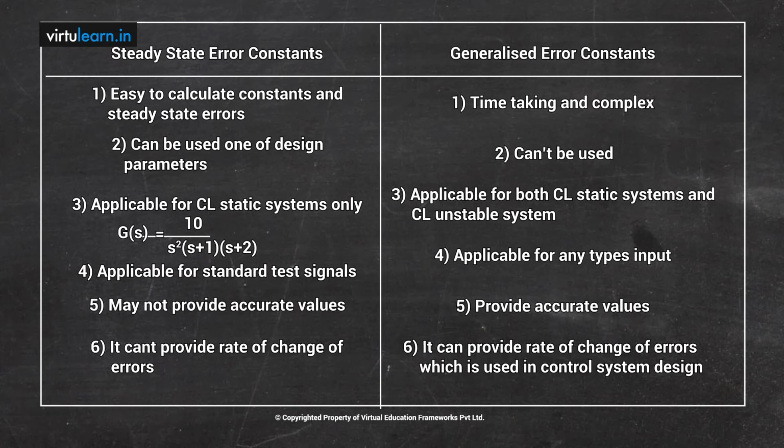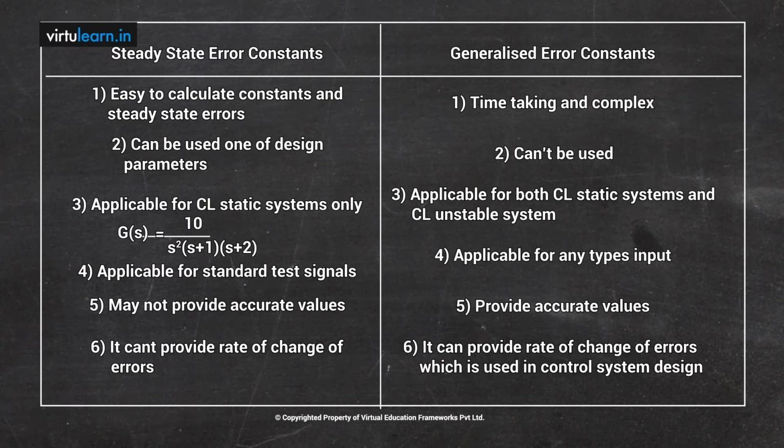Then what are the other things? Steady state error constants are applicable only for standard test input signals. What are the standard ones? We already saw step, ramp, parabolic. These are the standard test input signals. You can have combinations, that means R of t as 1 plus t plus t square by 2, where 1 is a step, t is a ramp, and t square by 2 is a parabolic.